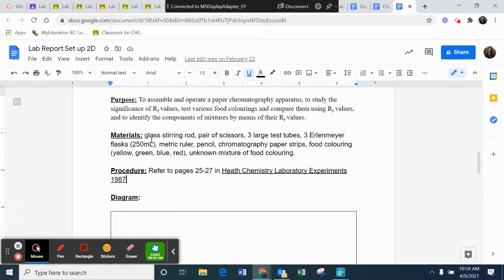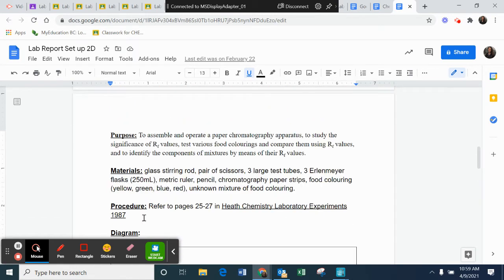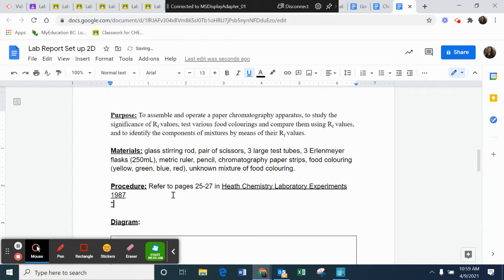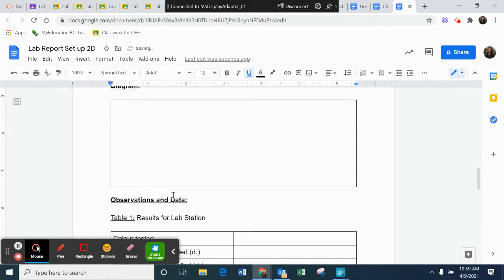That's not really an observation, so that's a procedure. So any modifications that you do make to the procedure, write up here. So like refer to pages such and such, and then maybe just like our group did something. So any modifications to the procedure should go in that section.